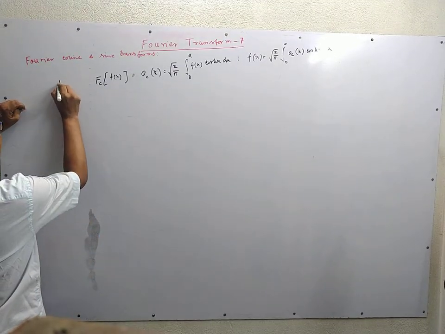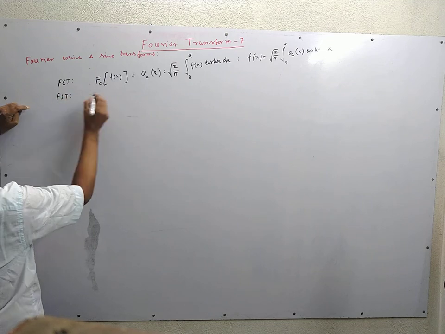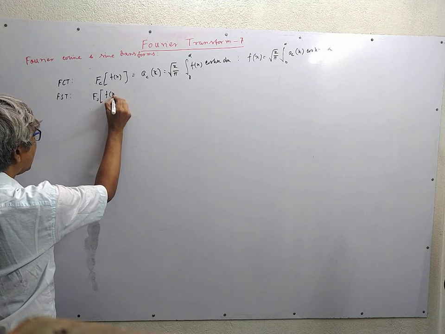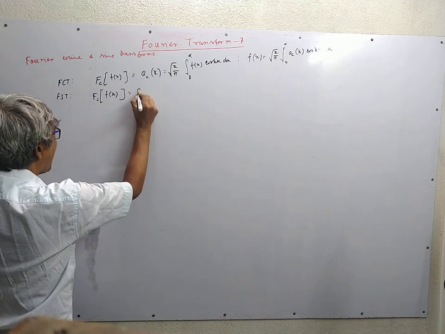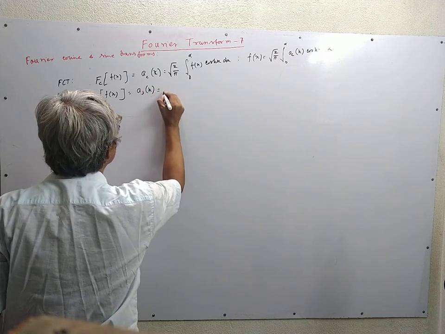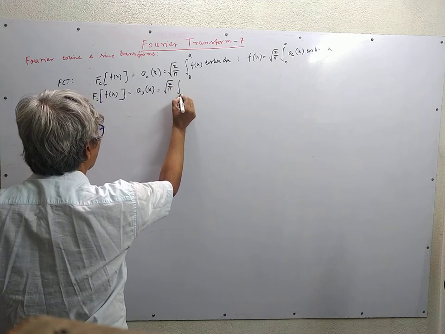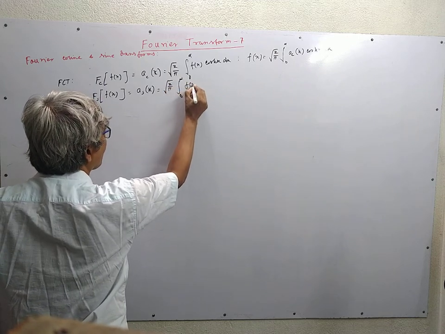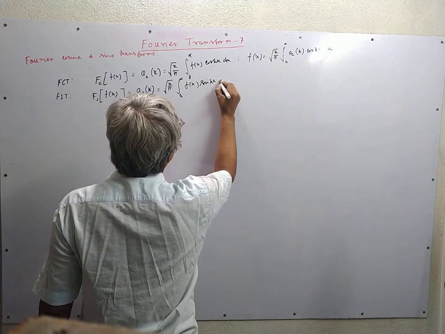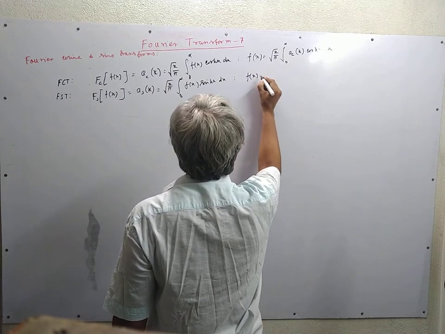And for Fourier sine transform we have, this is applicable for odd function, and the inverse transformation is this.